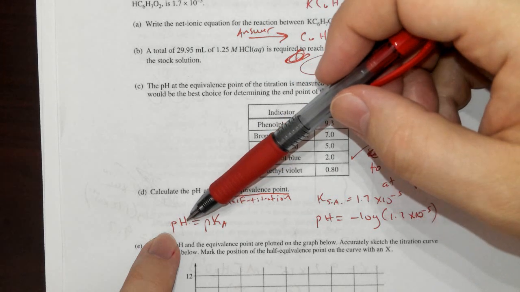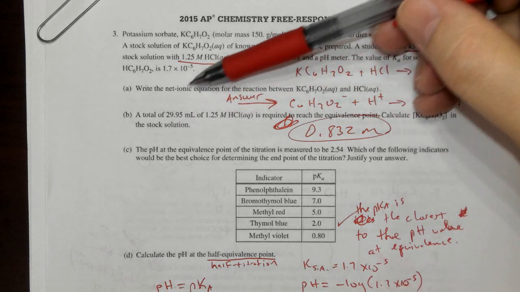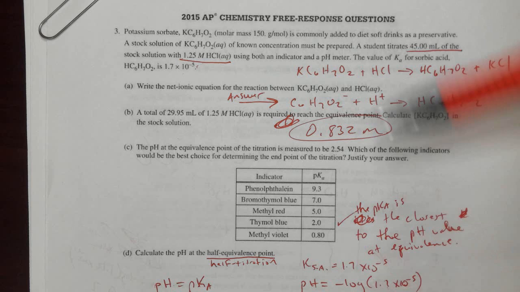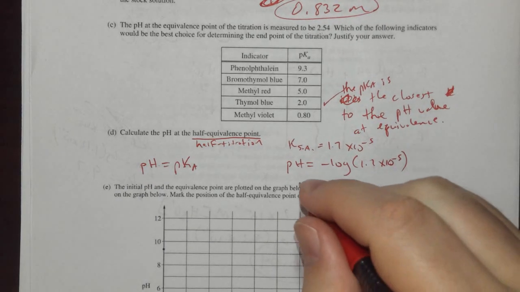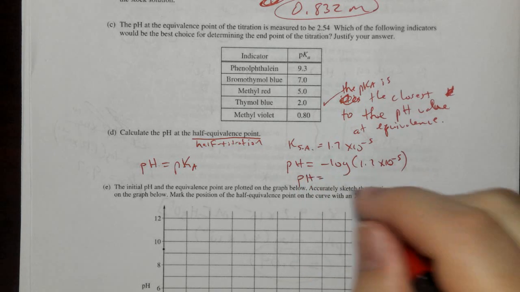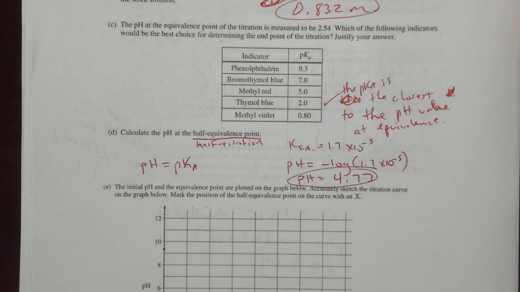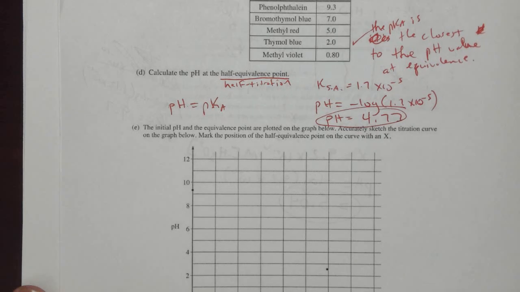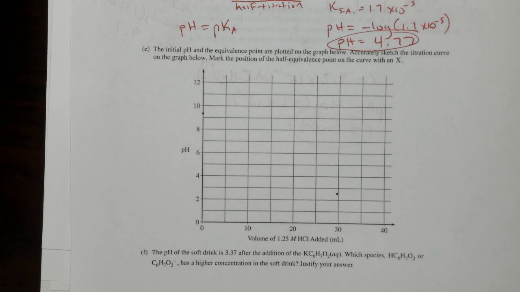But since I'm asked for the pH, using the Ka value of the sorbic acid that they gave me, it's okay. It's a little confusing, but they're trying to see what you would do with that information. So this pH at 2 decimal places came out to be 4.77. That one concerns me a little bit, just with the signs.